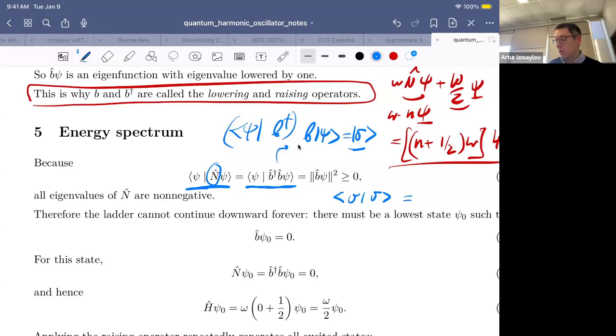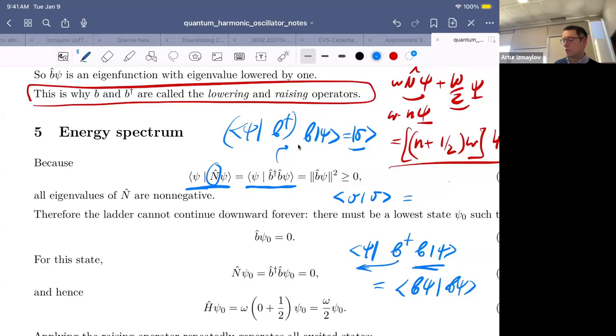Why is that? Because B dagger and B are related with Hermitian conjugation. So if we have something like this, B dagger psi, we can write this as B applied to psi, B applied to psi, right? Because in order to apply this to the other side, you need to conjugate it.